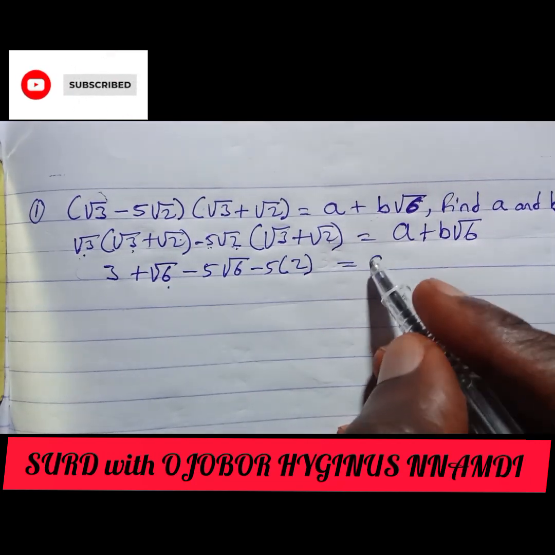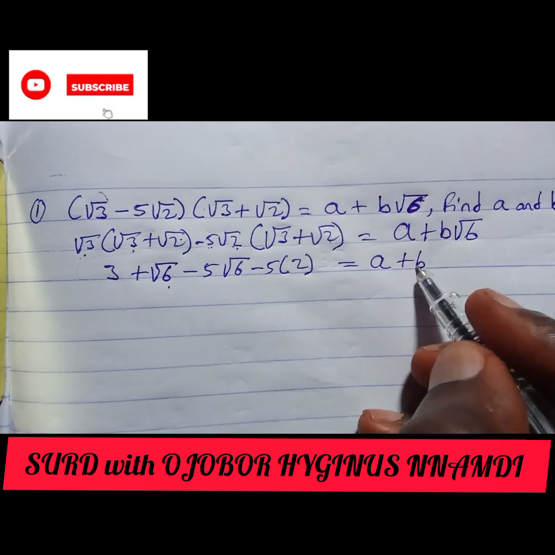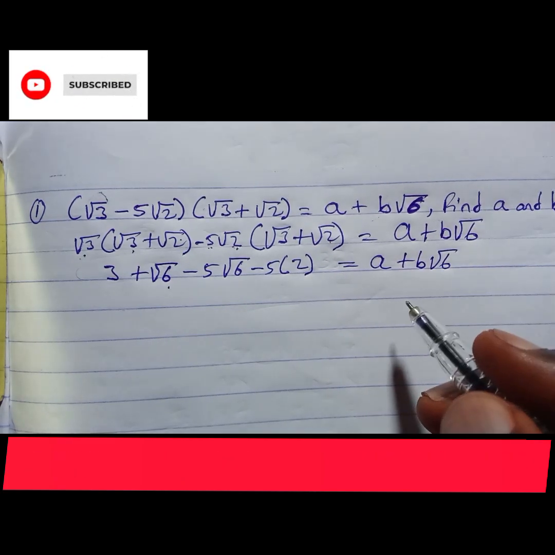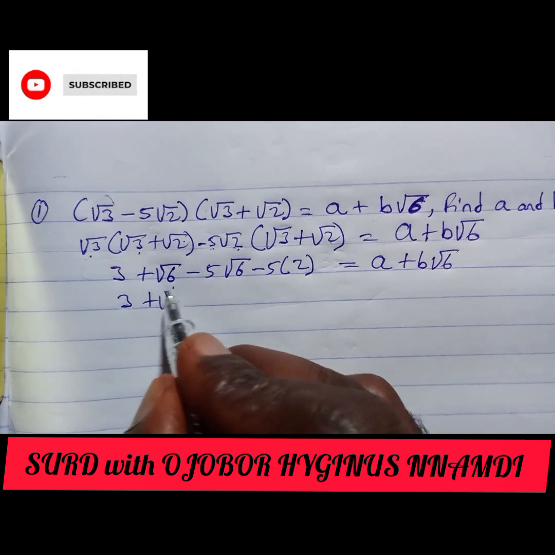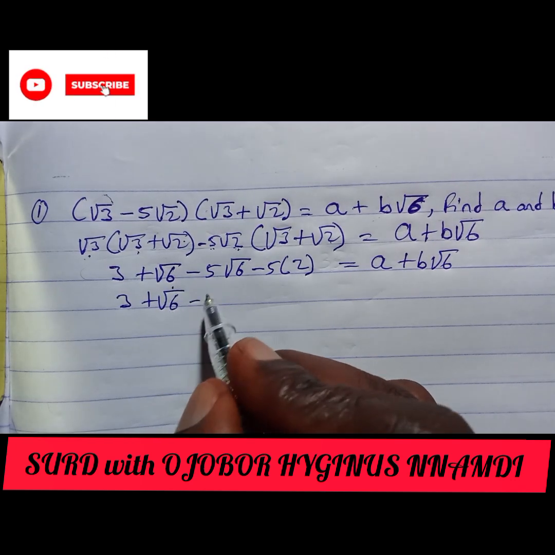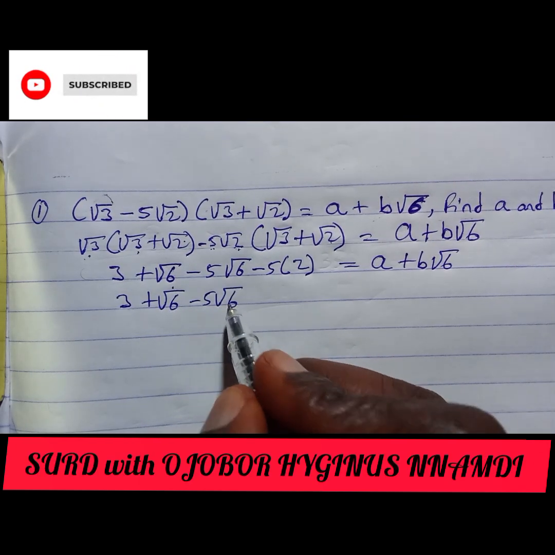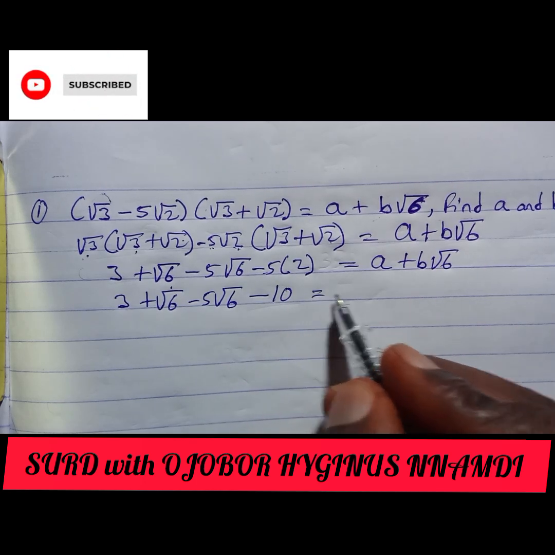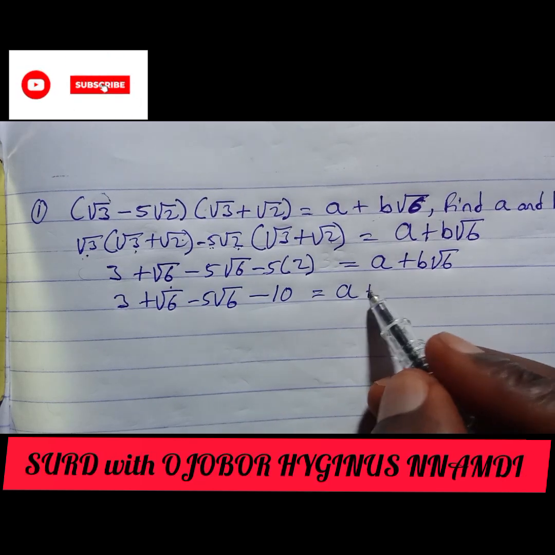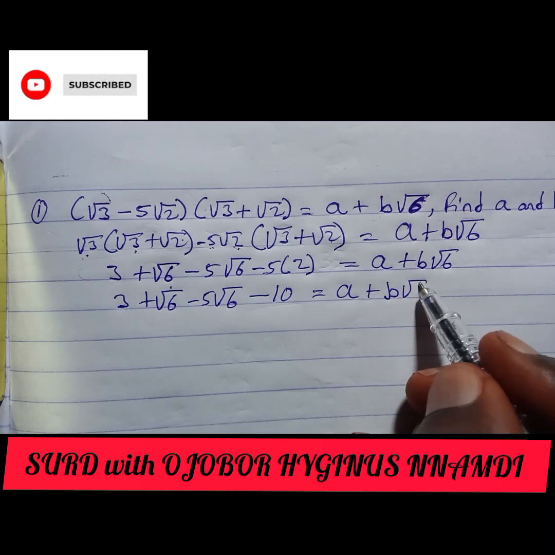Then that is equal to a + b√6. If we simplify further, we'll have 3 + √6 − 5√6 − 5 times 2, we have −10, is equal to a + b√6.